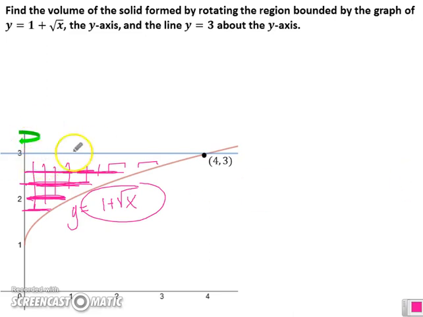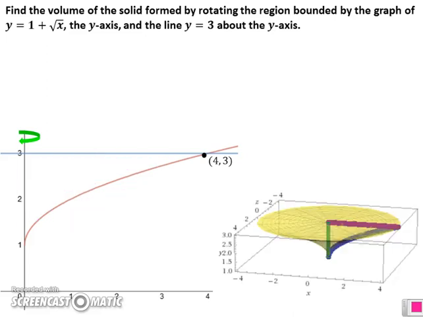So if you picture spinning this shaded area, this pink area that I'm drawing in right now, around the y-axis, it creates a three-dimensional shape, kind of like an upside down pyramid, but not quite triangular, more curvy.